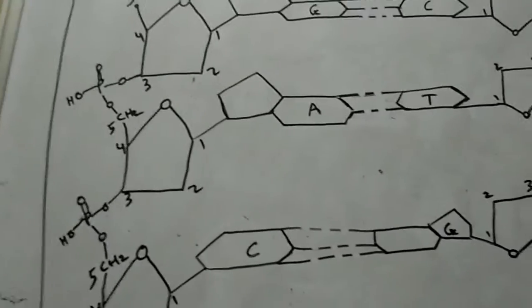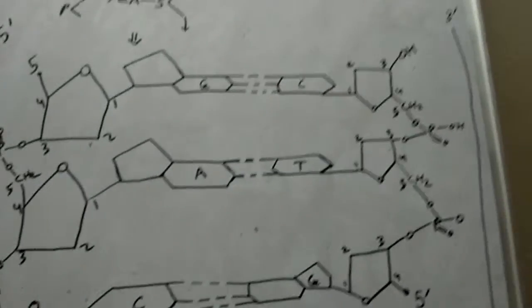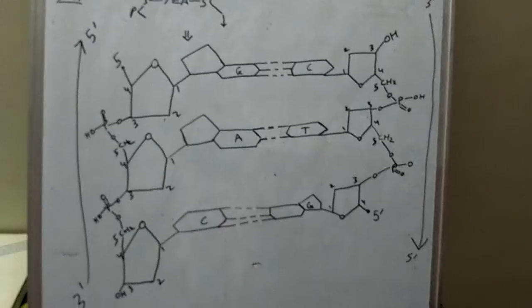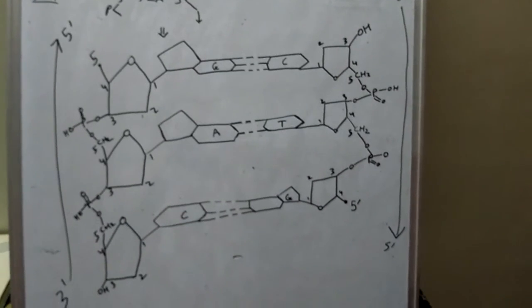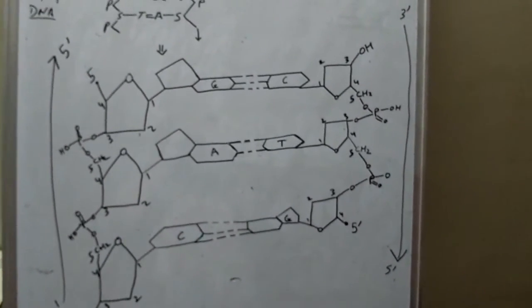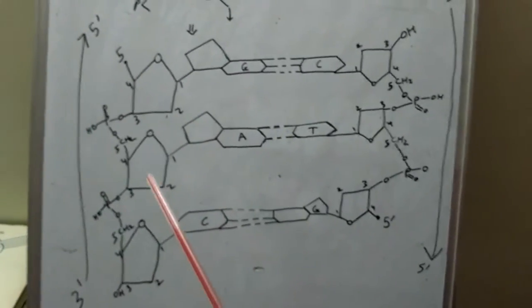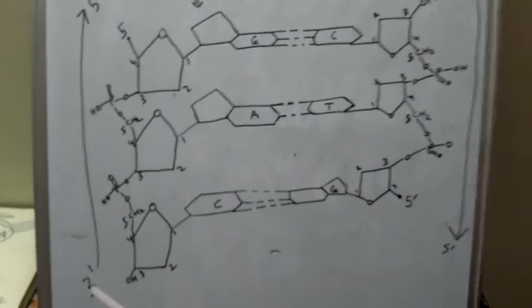Now here comes the actual diagram of DNA. So you might get very confused. Let me just explain this. Okay, this is the whole structure of a DNA, or the overview of a DNA, showing its chemical structure.